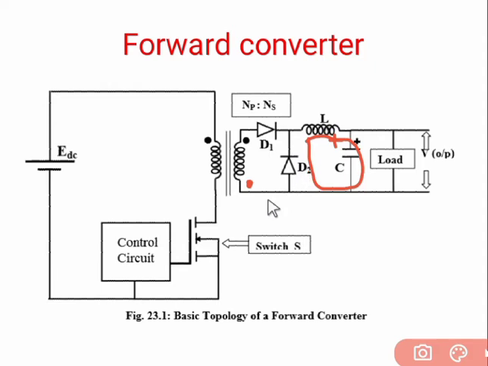So when switch S is off, D2 is in forward bias condition and current flows from the inductor to the load, also from the capacitor to the load and back through the diode. So when the switch is on, power is supplied through the diode, and when switch S is off, the power is supplied by the inductor and capacitor. So on this side we get a constant voltage.